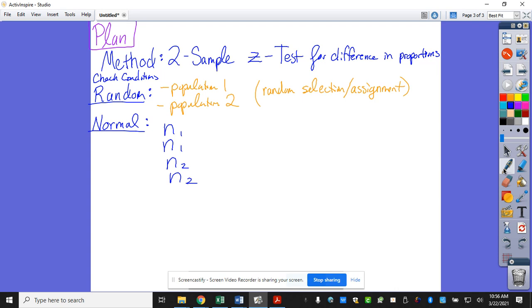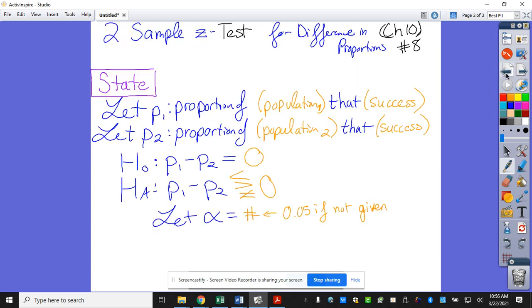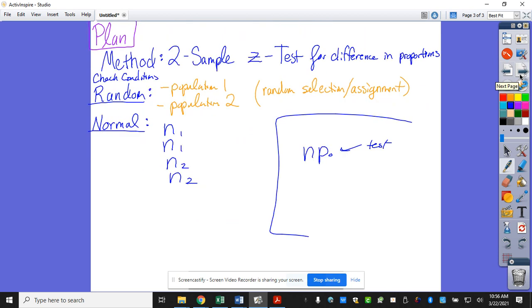Let me go back to this. Does our hypothesis look like that? So I don't have a number for what the parameter we're trying to estimate is. So do I actually have something better than p hat for this? No. So we have to use p hat 1 and p hat 2.